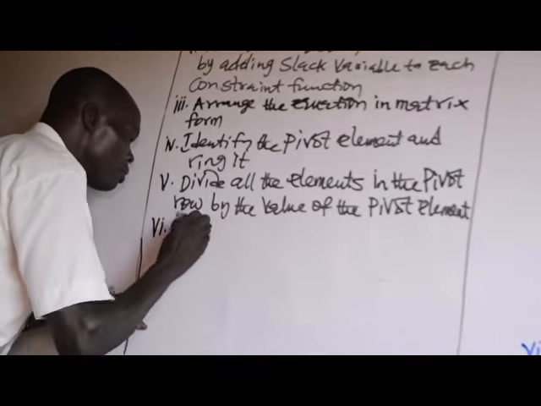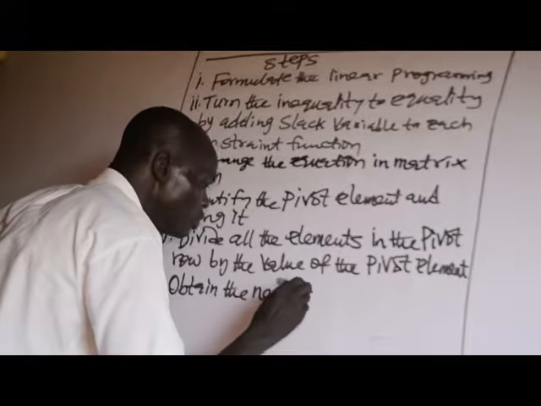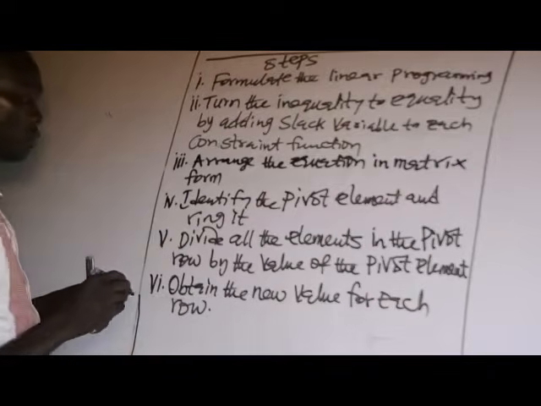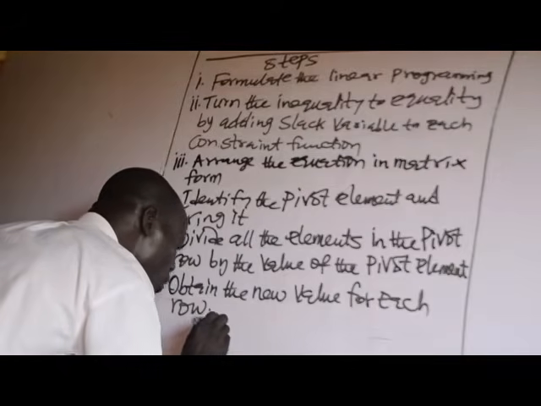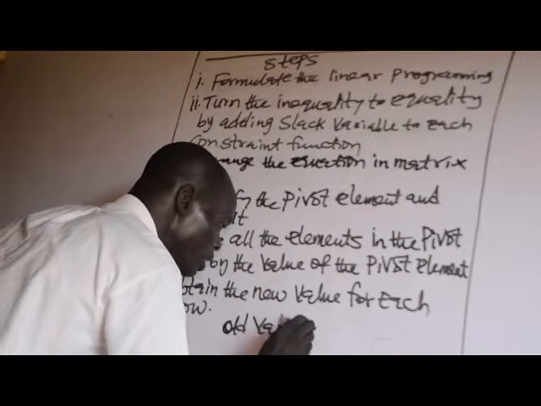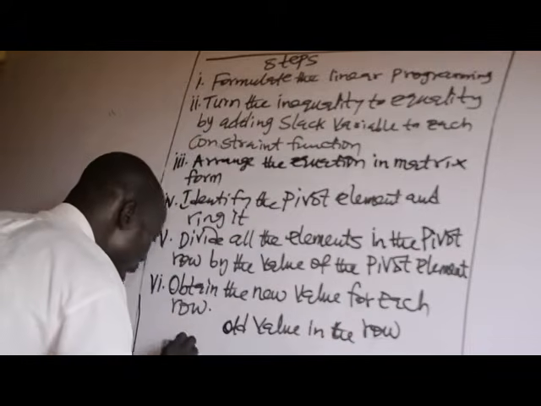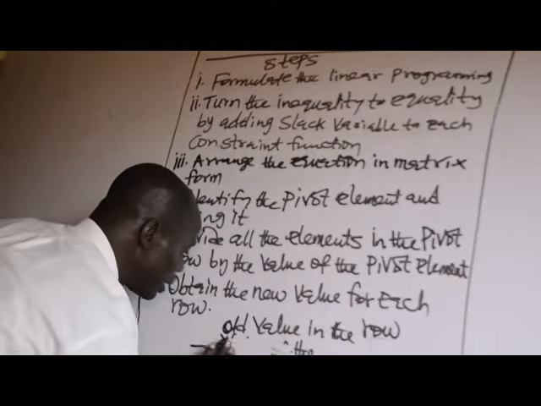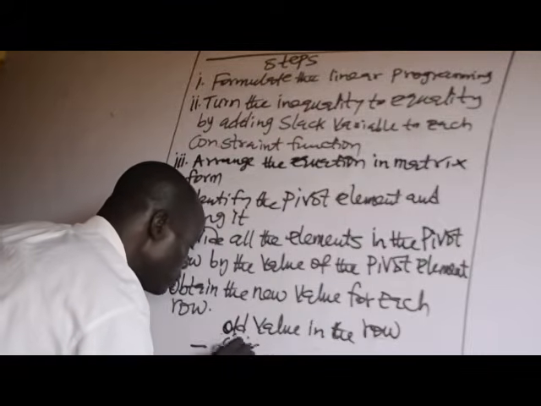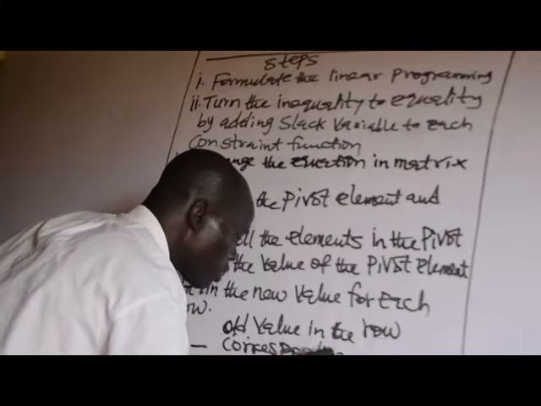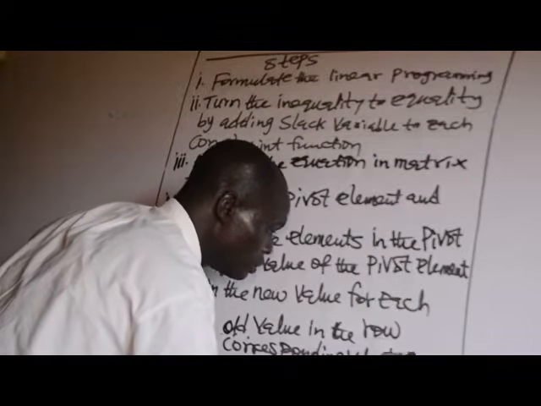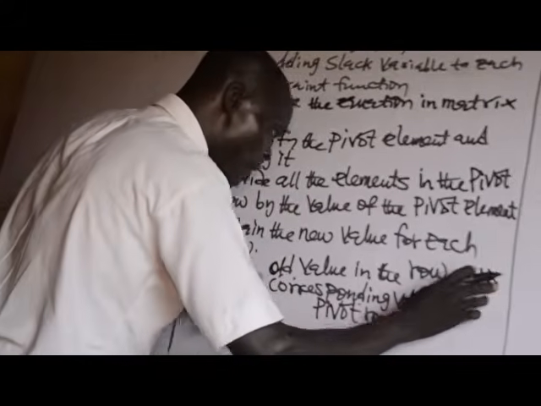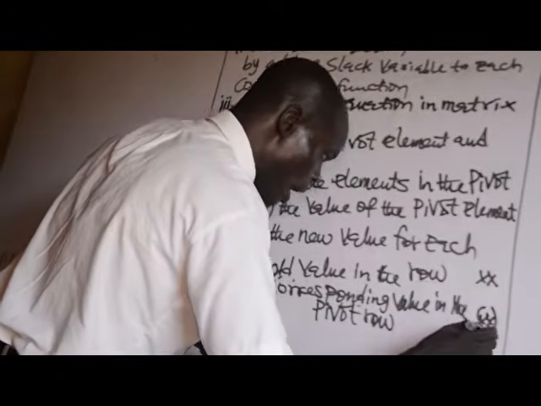This is done by subtracting from the old value in the row the value of the pivot column times the corresponding value in the pivot row.